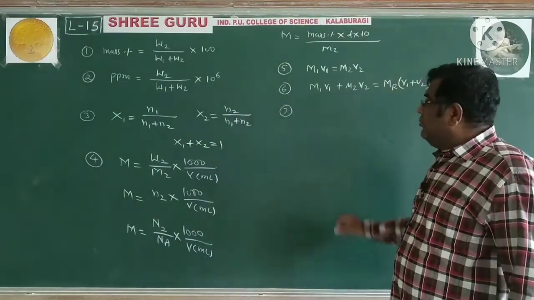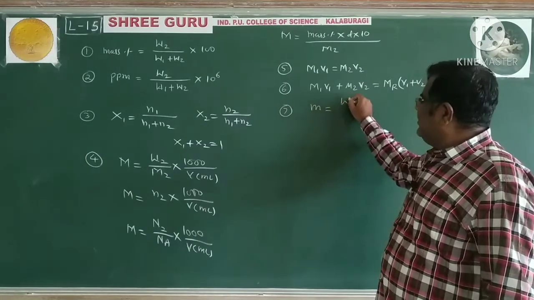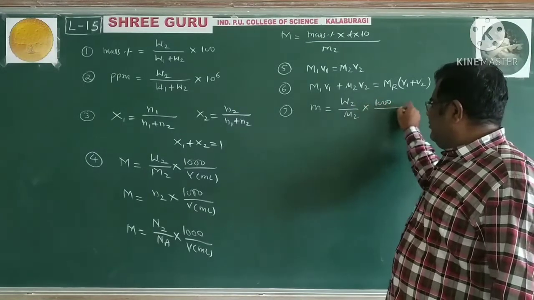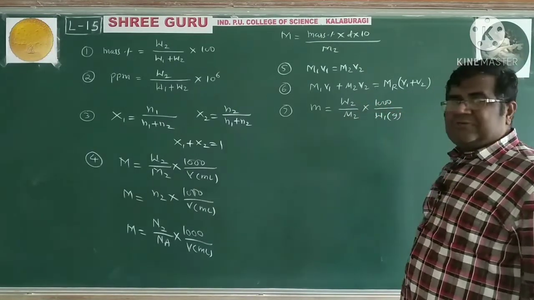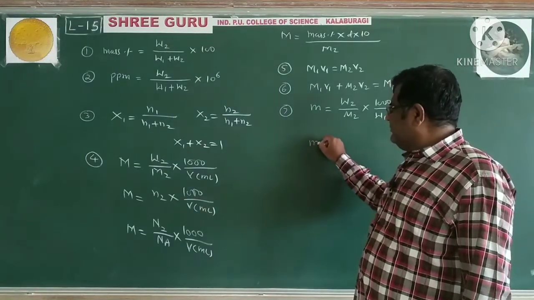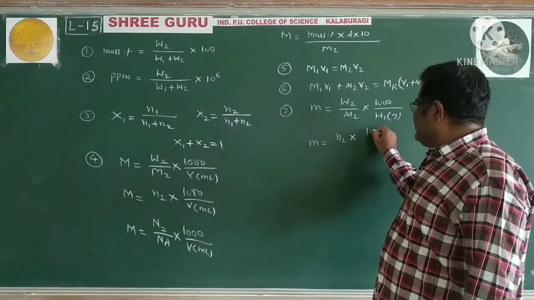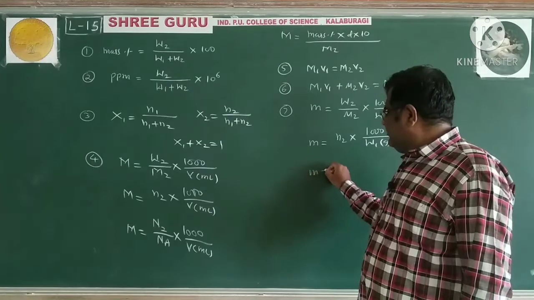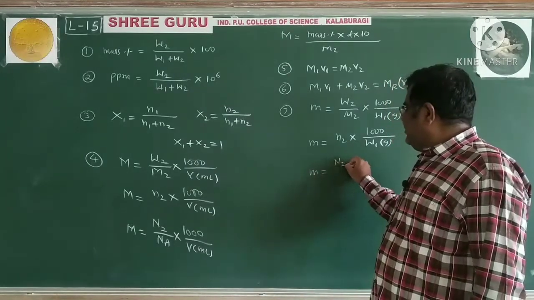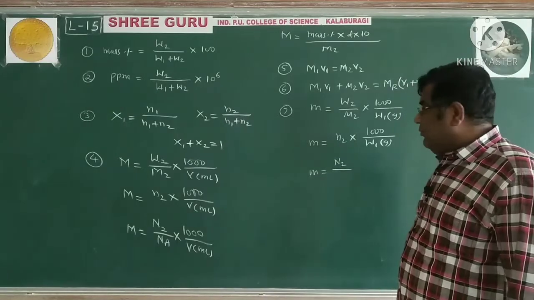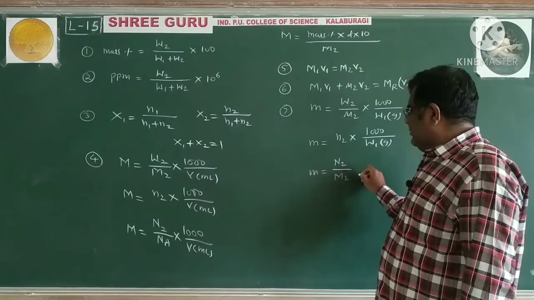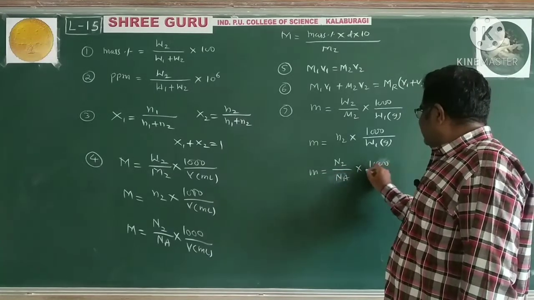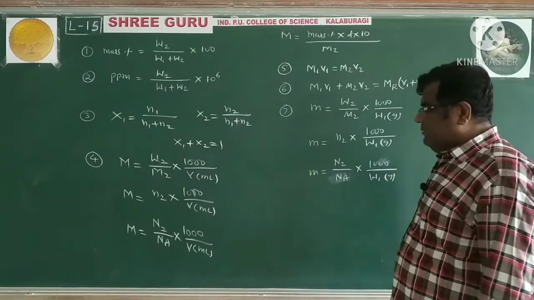Then molality: mass of solute by molar mass of solute into 1000 by mass of solvent in gram, or number of moles of solute into 1000 by mass of solvent in gram, or number of molecules of solute by Avogadro number into 1000 by mass of solvent in gram.